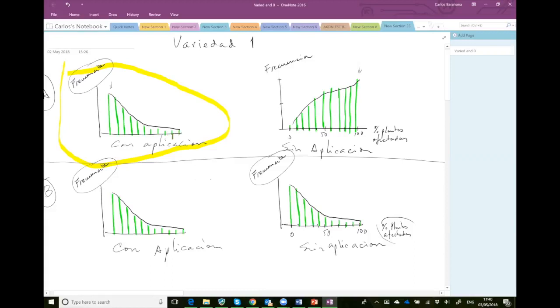And this is for the farmers who are using the treatment. In contrast, on this other side, farmers who have not used any of these biological treatments will have a high frequency of farmers with a high number of plants affected.